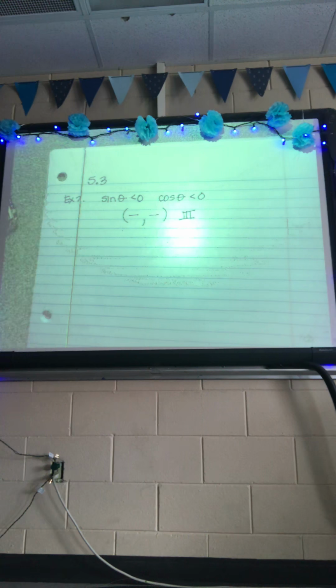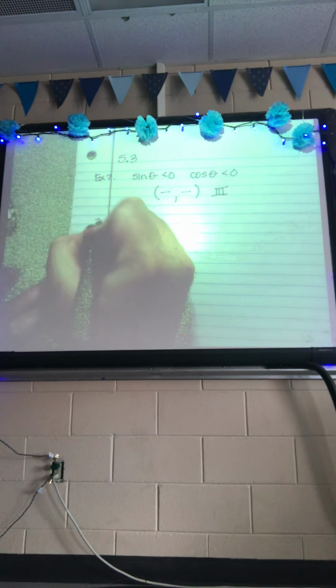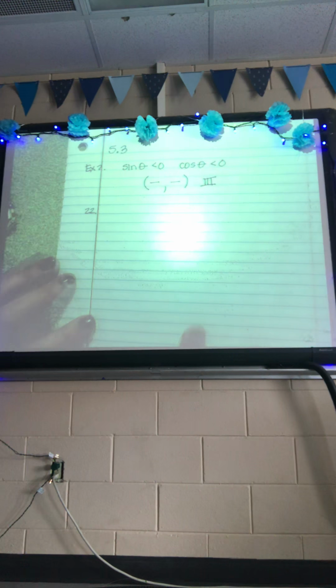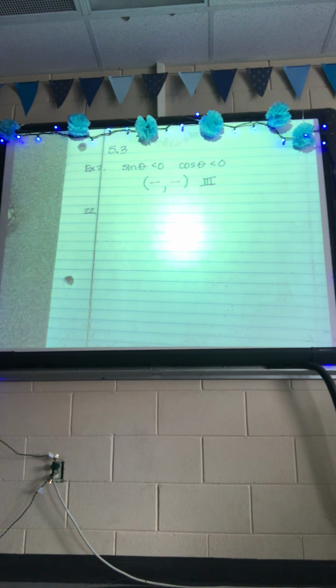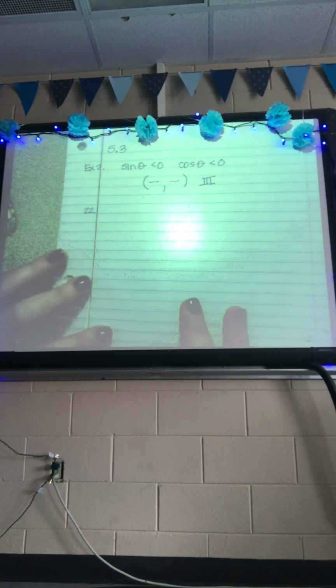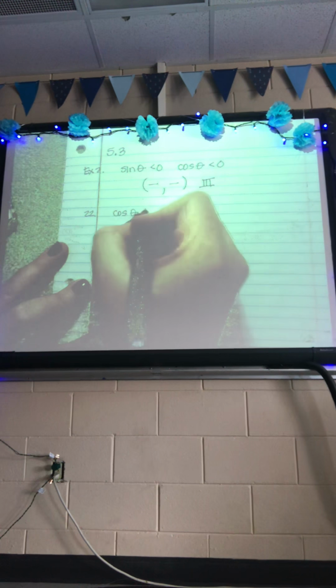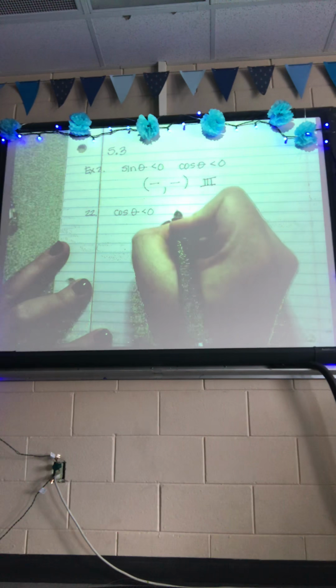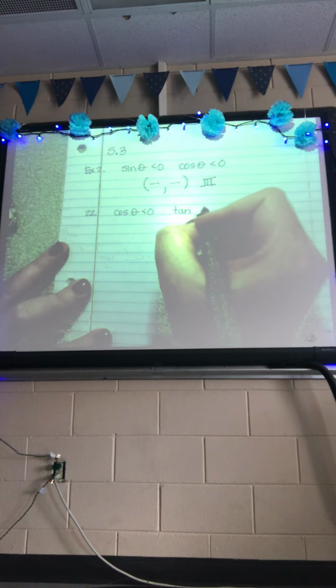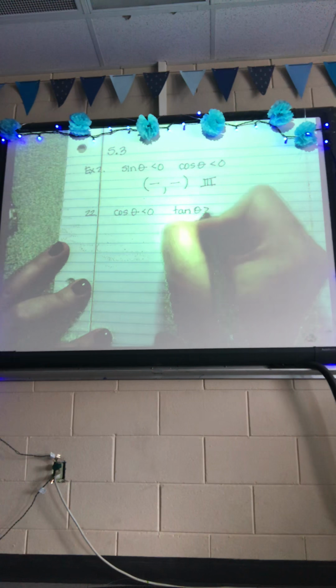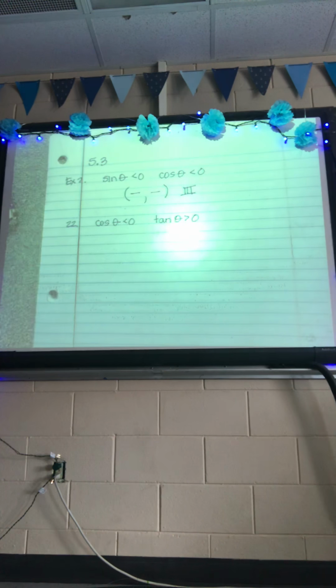Okay, let's see. Now this, I'm going to skip over to the assignment part of the book. This is not any more examples. 22 says that the cosine of theta is less than 0 and the tangent of theta is greater than 0. So this you got to think about a little bit, okay?